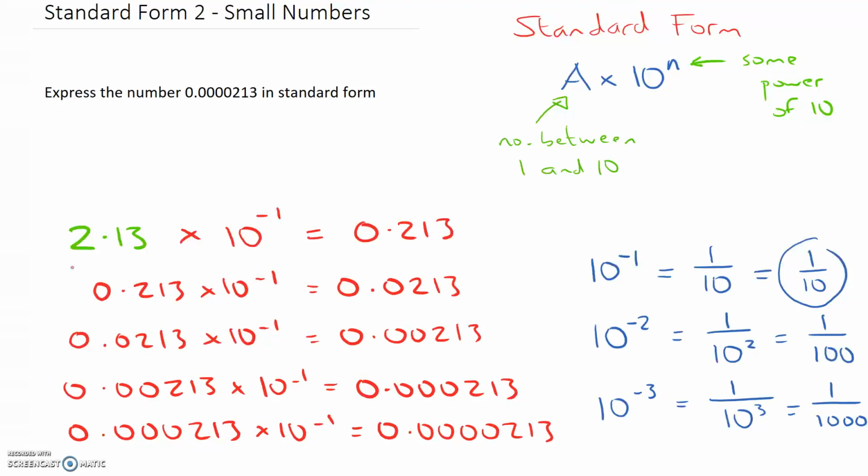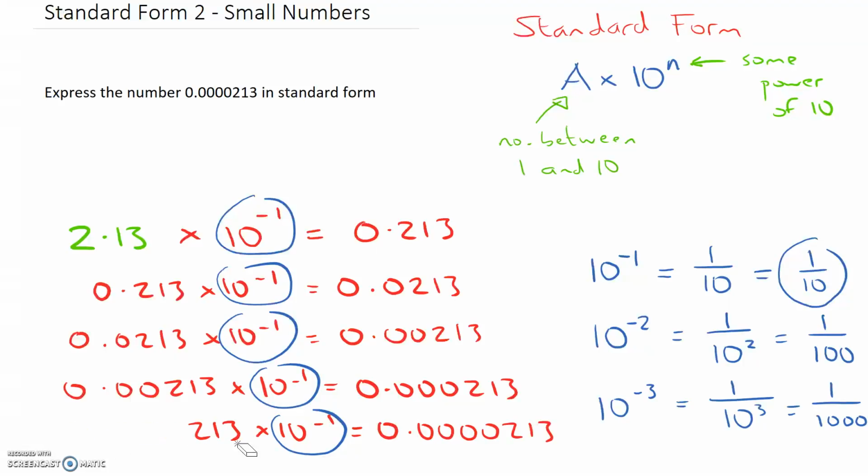So what do we do to the 2.13? Well, we times by 10 to the minus 1, five times.